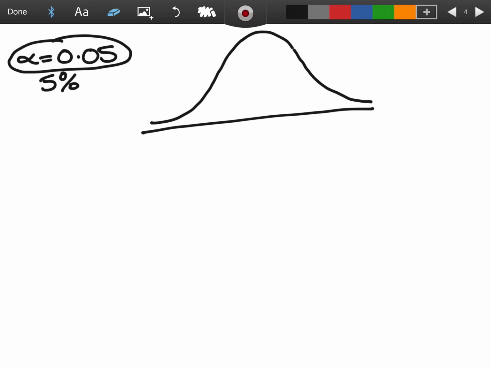So, under your normal distribution curve, you want to reject the top 2.5% and you want to reject the bottom 2.5%. So 0.025 on both ends. But you want to accept or fail to reject the middle 95%. Okay?